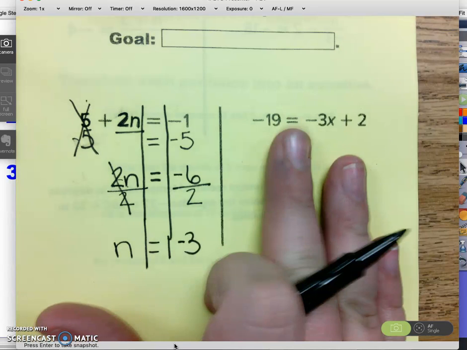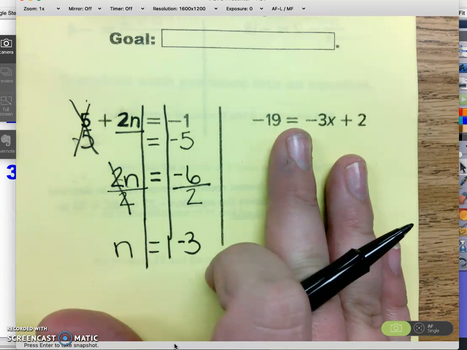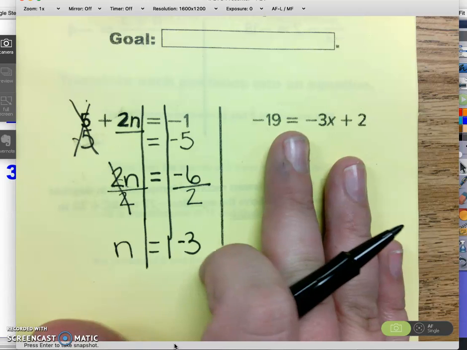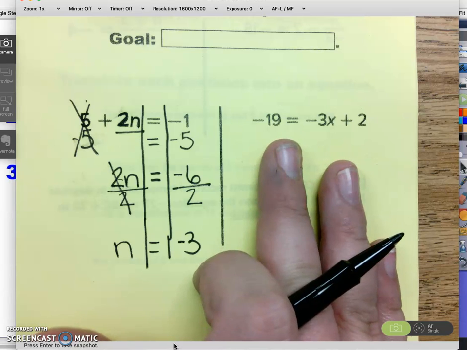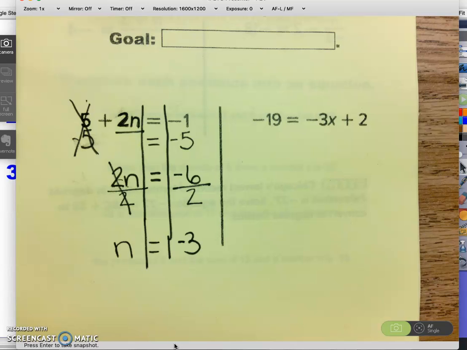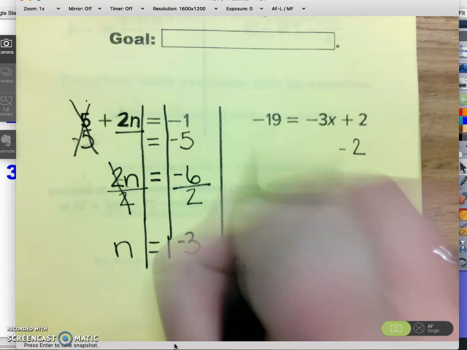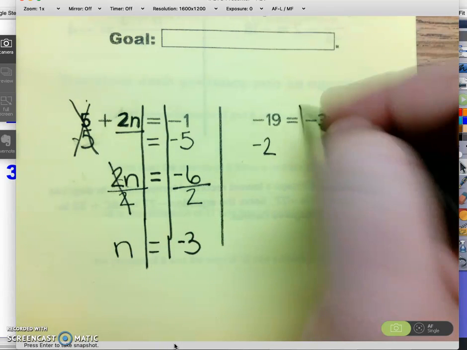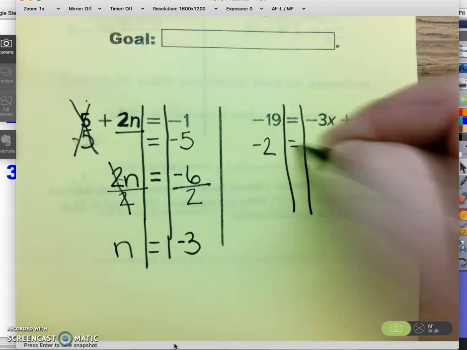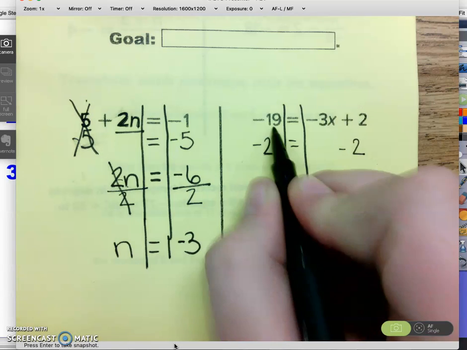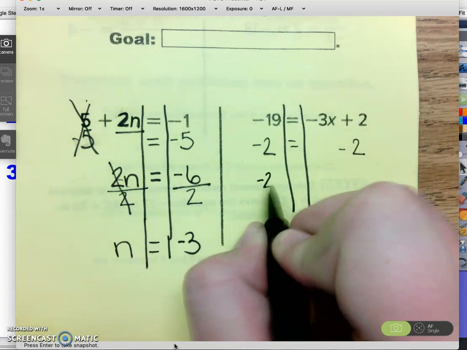This one, again, is a little different order, so we have to look for our constant. Our constant is what? The 2. How do I get rid of positive 2? I would subtract 2 on both sides. -19 minus 2 is -21.